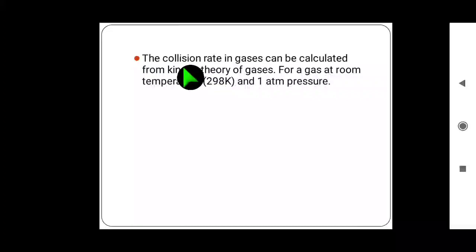The collision rate in gases can be calculated from the kinetic theory of gases. For a gas at room temperature, 25 degree Celsius, or 298 Kelvin, and pressure 1 atmosphere, certain conditions of pressure and temperature should be fixed for making collisions, from which we can calculate the collision rate.